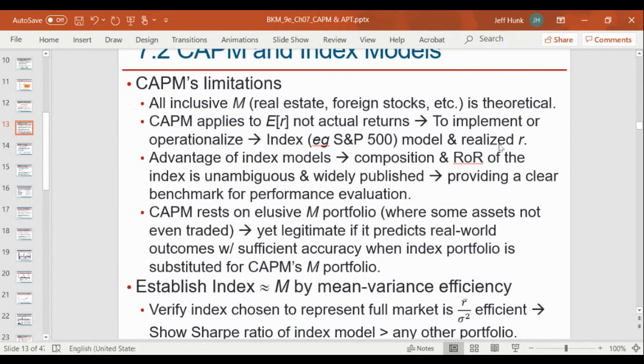So we have to use an index portfolio, and we have to use realized actual returns to operationalize, or to implement, CAPM.